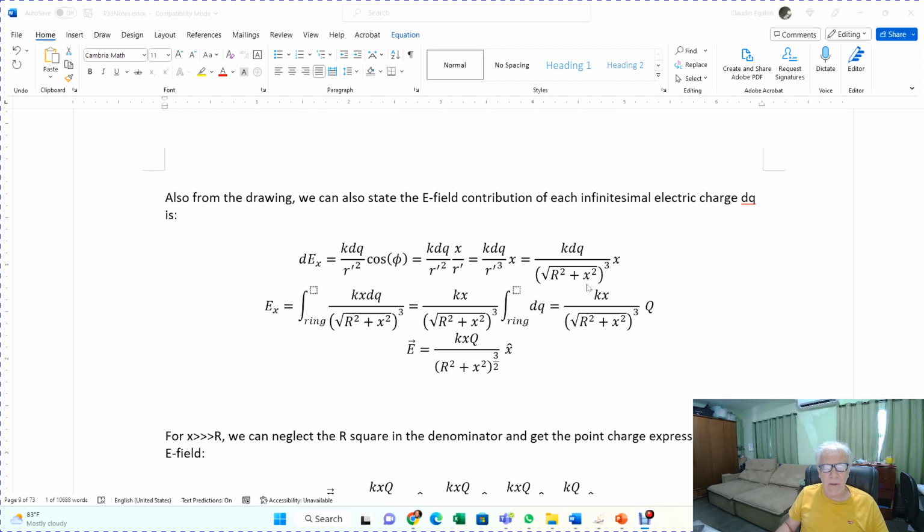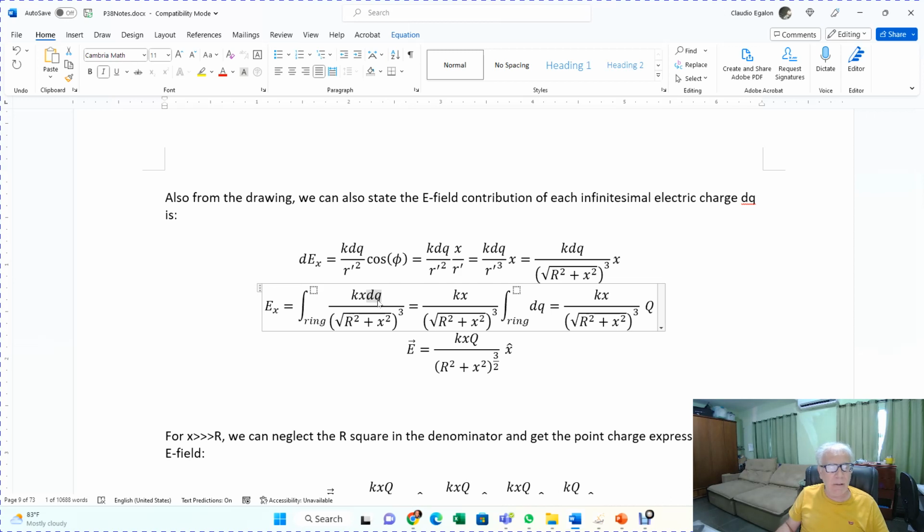This x here is not a variable, in this specific case. Now, we need to integrate. That's the important key for this problem. We have this dq that must be integrated, and as you know, the distance of each dq is always the same in the case of the ring.